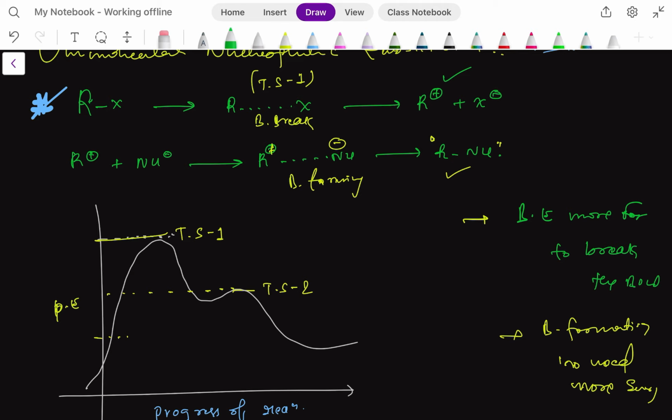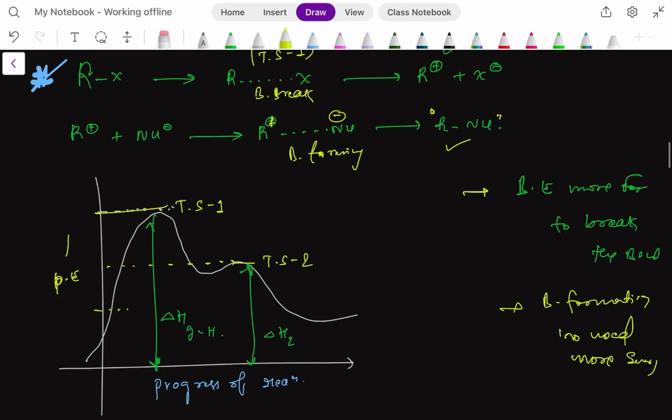What do we get by this, sir? By this we understand the delta H, the enthalpy from the ground state to the higher state, for TS1 and TS2 also. This we call the SN1 mechanism with respect to the energy level diagram, potential energy versus progress of the reaction, keep in mind.